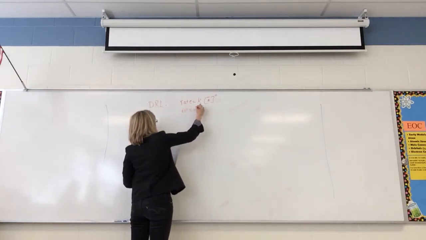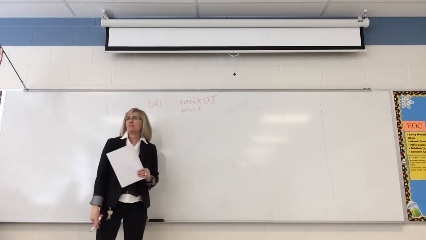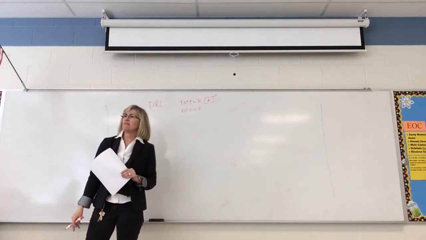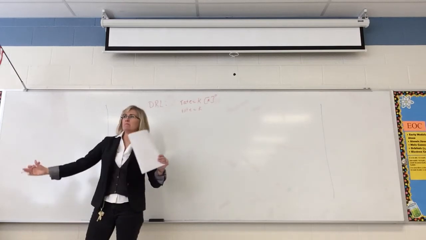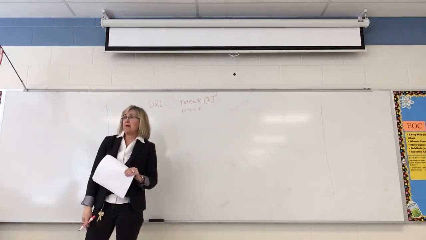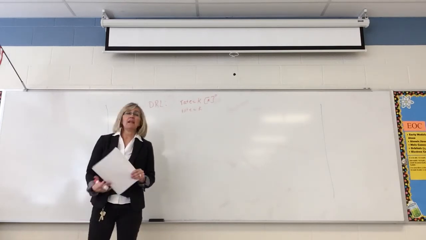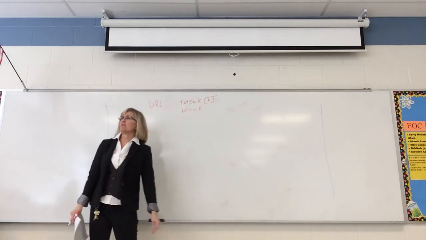Rate equals k, doesn't it? So does the initial concentration matter? It just happens. It doesn't matter how much we have, and the rate will equal whatever the rate constant is.